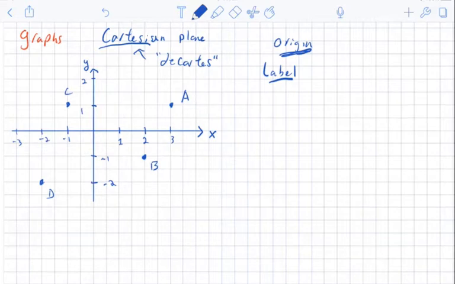So the point of the Cartesian plane isn't just that it lets us label different points. I mean, A, B, C, D, that's fine. Giving points names is fine. But the Cartesian plane allows us to assign numbers to each of these points, which describes their relationship to each other. Okay? In other words, we're giving these points numbers, and those numbers are like an address.